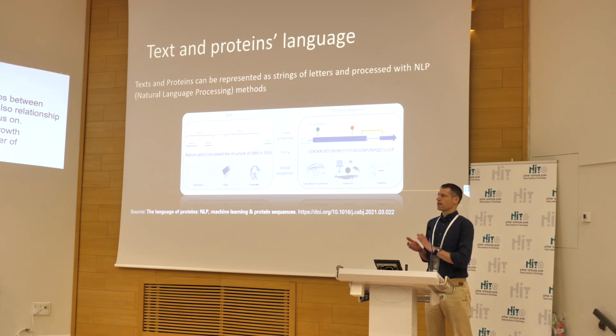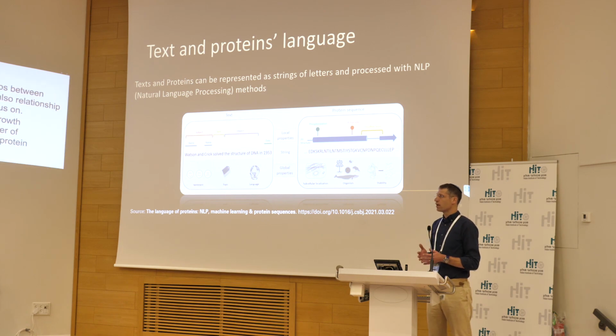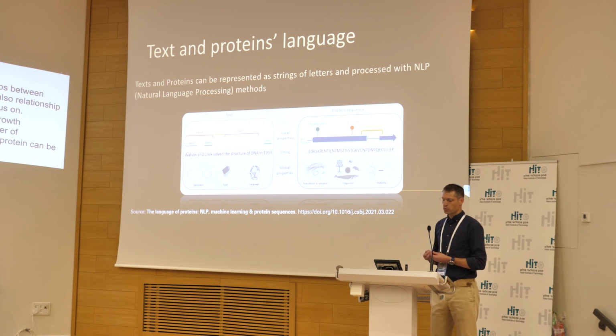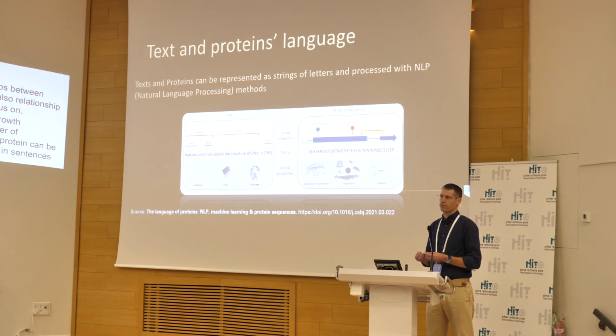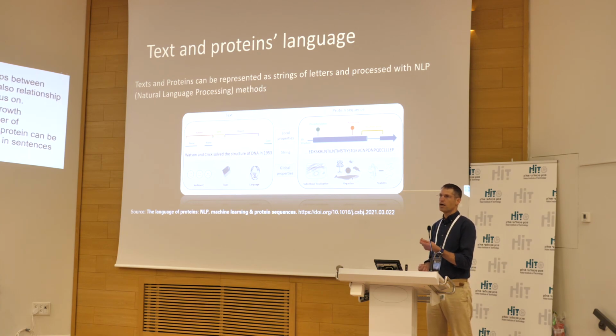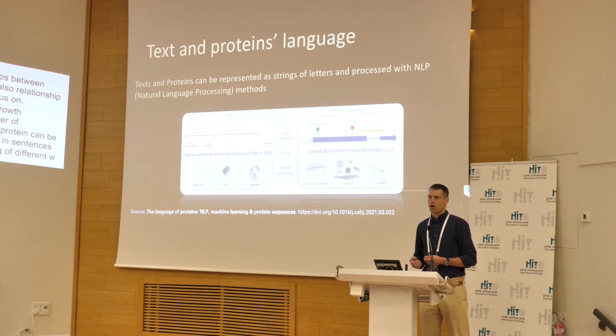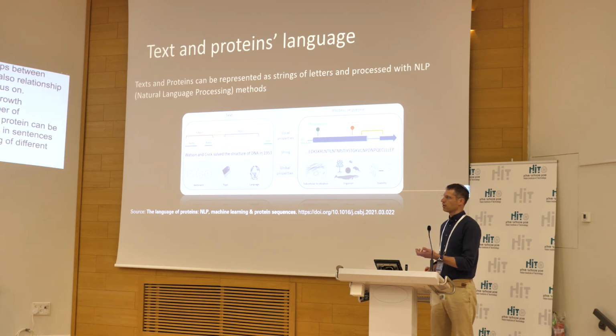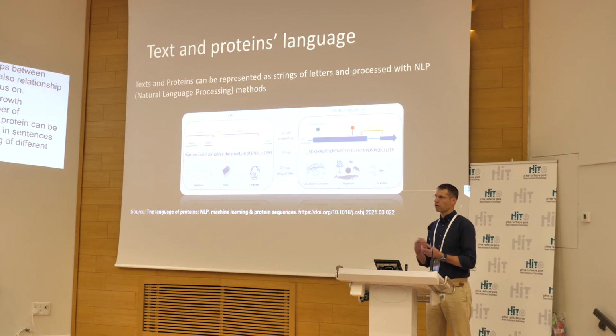You can see over the years the number of sequences is already over 3 billion, and the sequence of a protein can be thought of as similar to text. Why? Because in text, in sentences, we can have an annotation of the token of different words. For example, I can have a word and ask whether it's a noun or a verb, or whether it's male or female, or a number or a date.